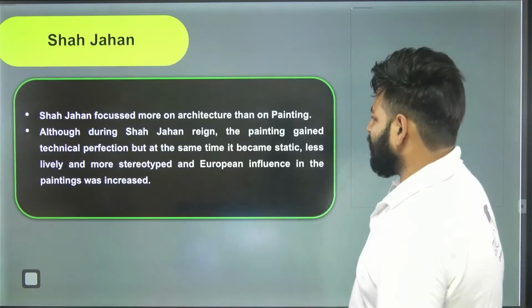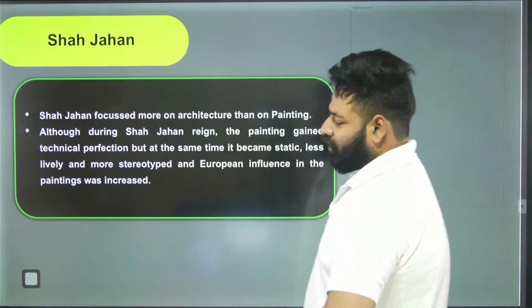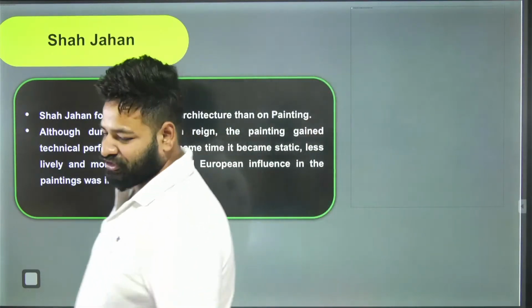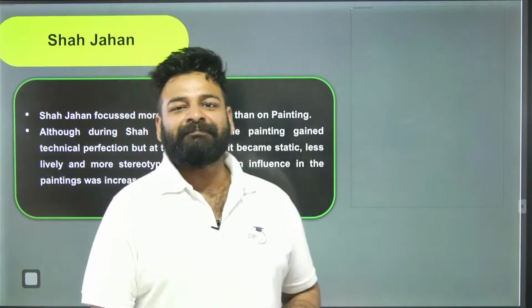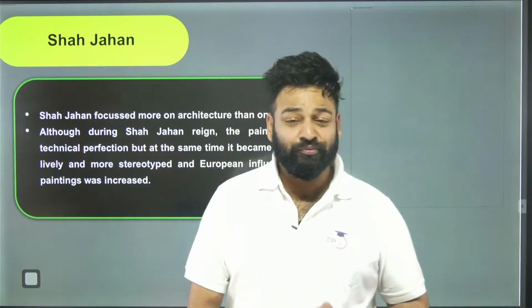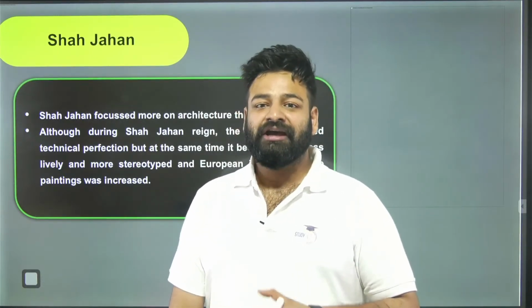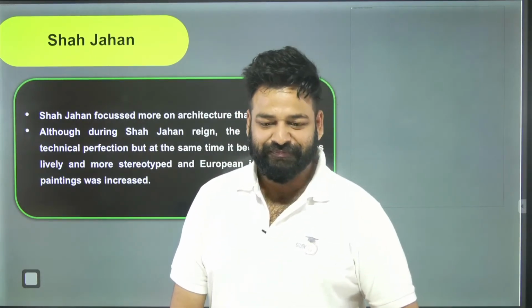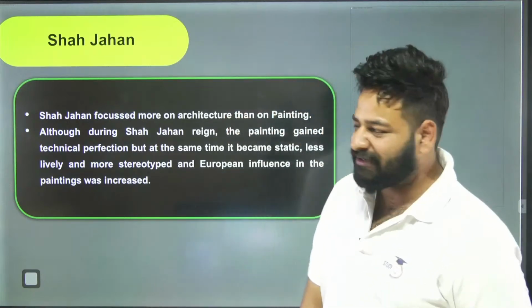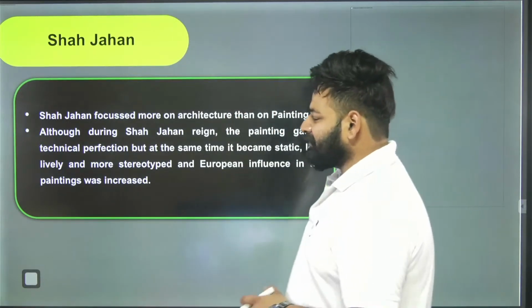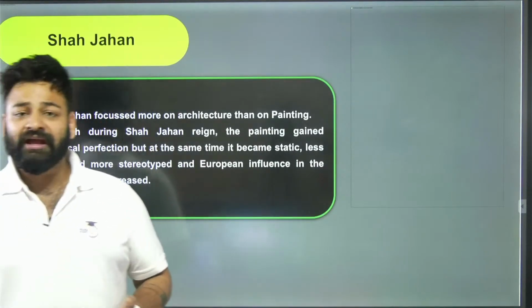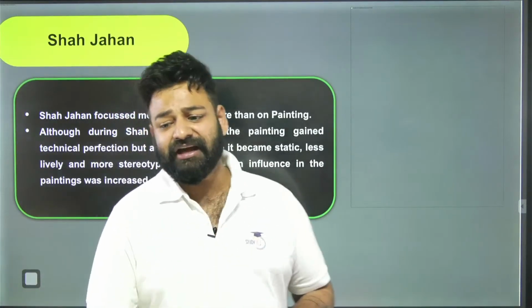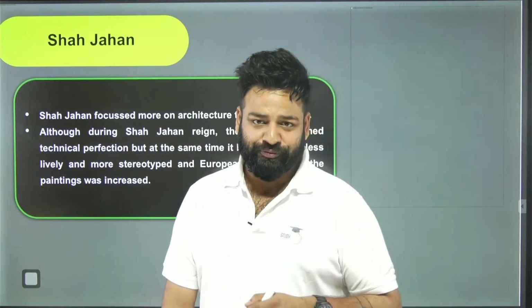Although he was more interested in architecture and very little in paintings, whatever paintings were made in his reign were more eloquent and had a royalty phrase with themselves. Shah Jahan compelled his painters to paint in golden and silver colors only, as he wanted to represent as much royalty as possible.